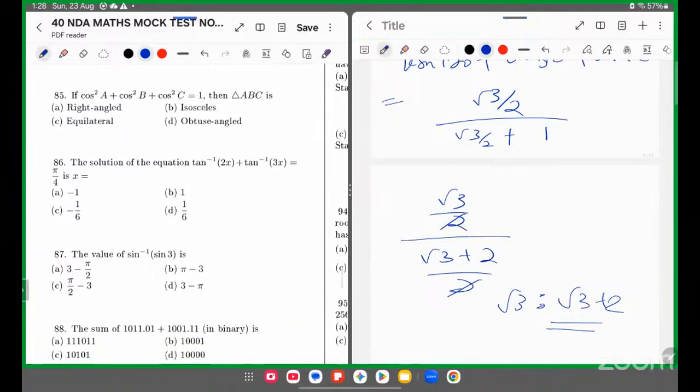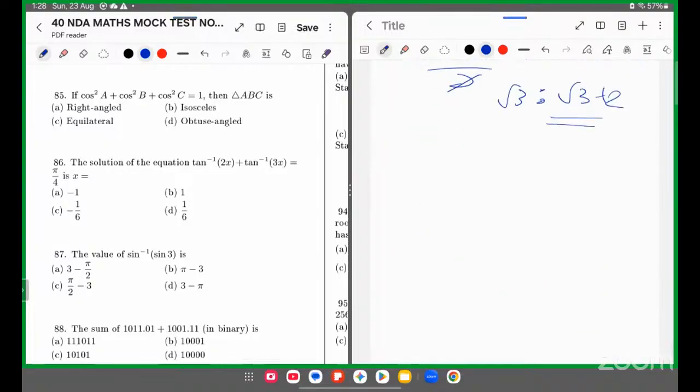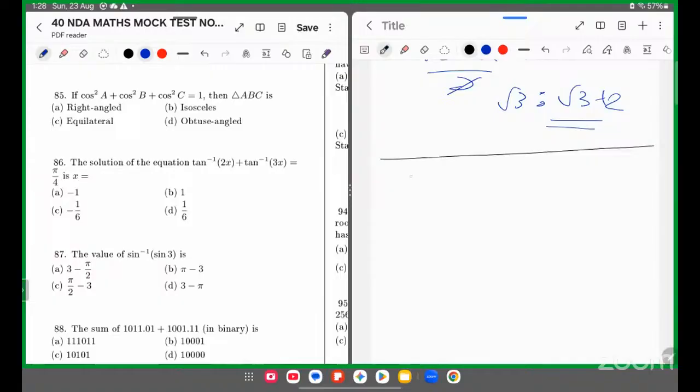Question number 85: if cos square A plus cos square B plus cos square C equals 1, then triangle ABC is what?